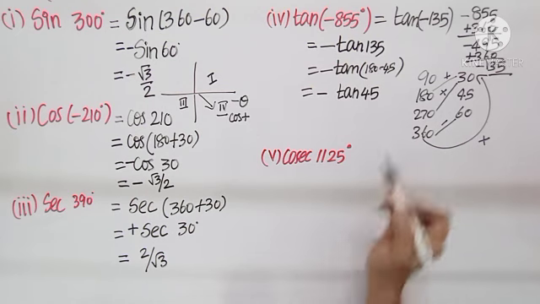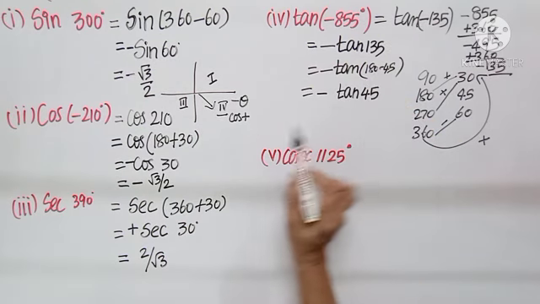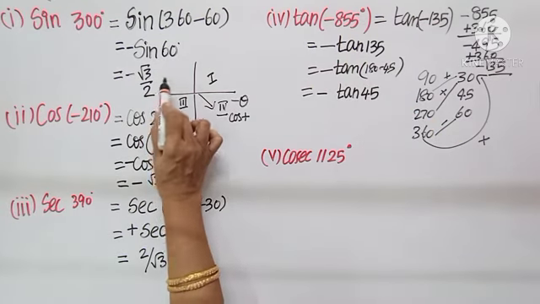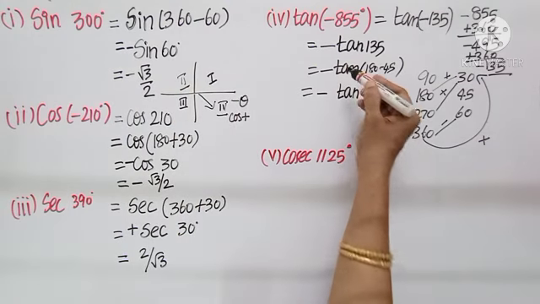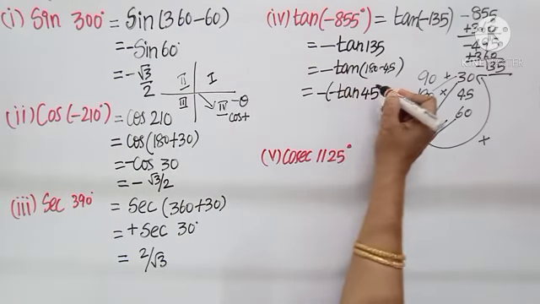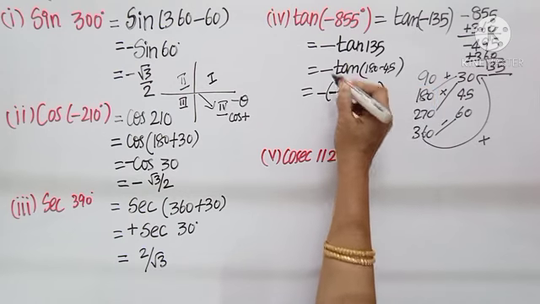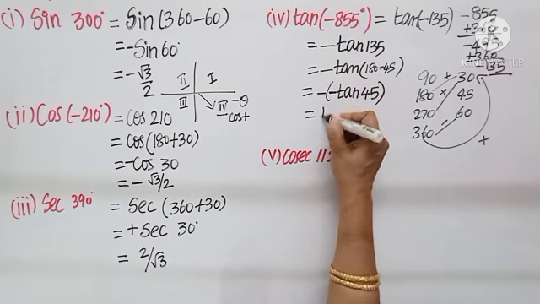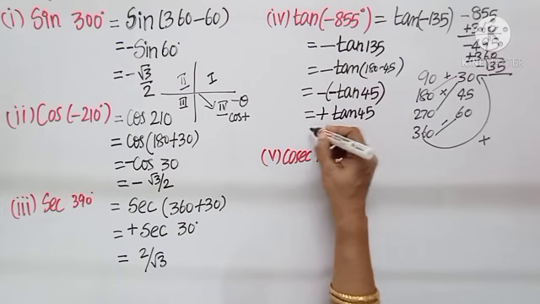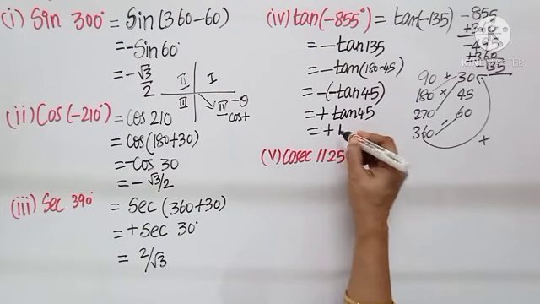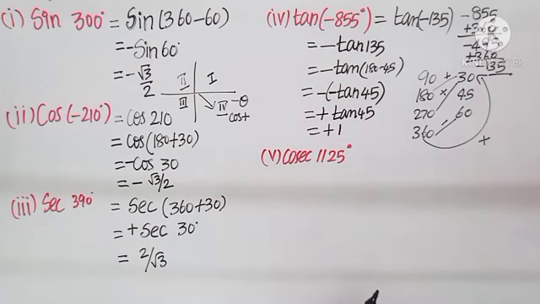Again where am I? 180 is here, minus. I am in second quadrant. Second quadrant tan is negative. Already there is a negative. Now there is a negative together. Plus tan 45. Tan 45 value 1. So my answer is plus 1.